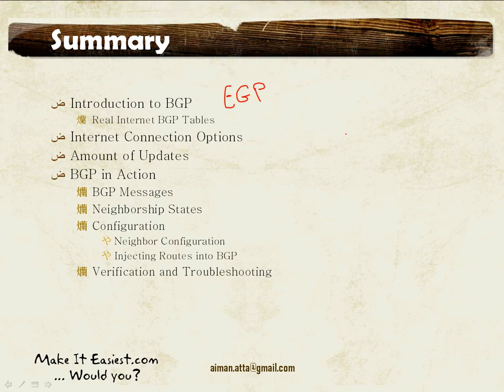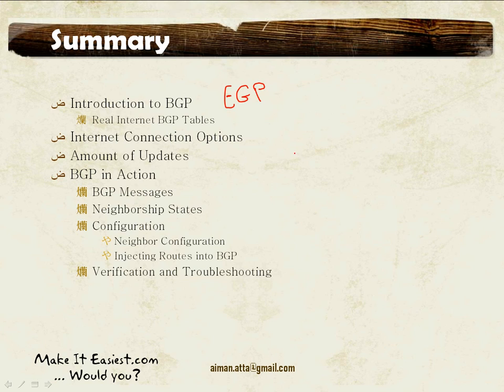We talked about internet connection options, being connected to the ISP using a single connection, or being dual homed or multi-homed or even dual multi-homed. And we agreed that in single connections we do not use BGP because there is no need to. Just like your ADSL implementation, you only have a default route pointing over to the ISP.